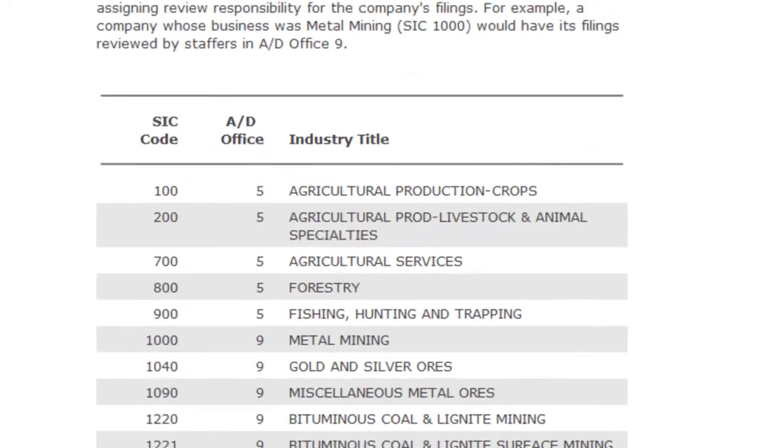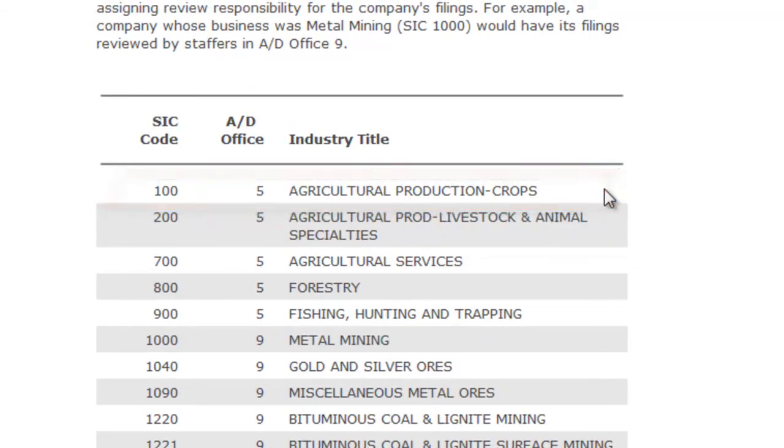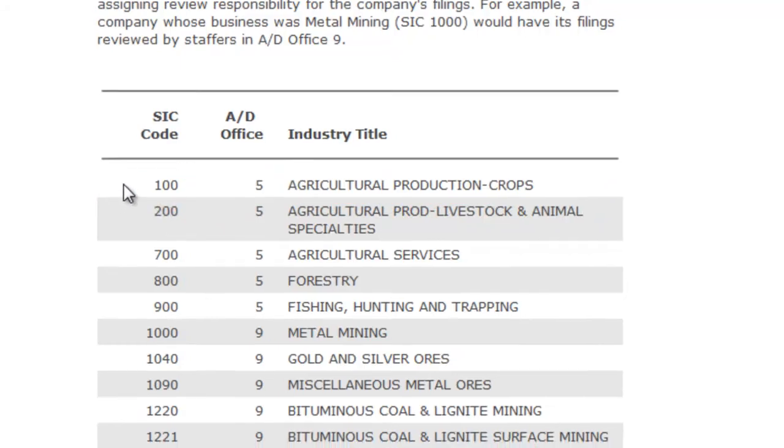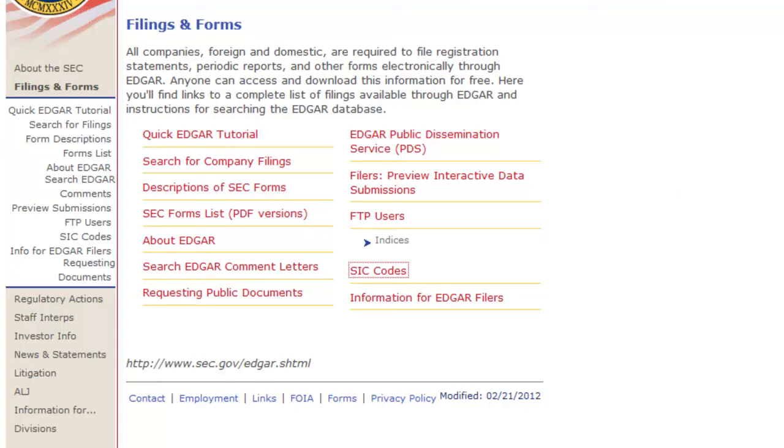The first industry on the list is agricultural production crops, and this industry has a 100 SIC code assigned to it. The way I use SIC codes is to locate competitors of the particular company that I'm researching. But to do that, you first need to know the SIC code of the industry that your company operates in. And this is what I'm going to show you later on in the video. Let's go back to the main page.